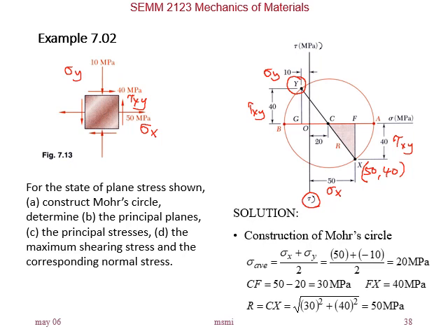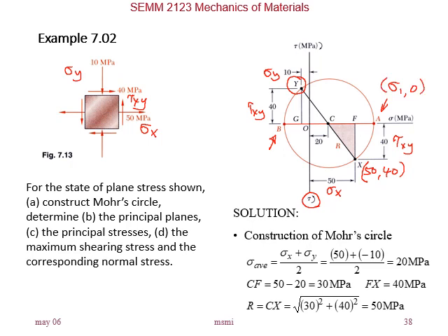Okay, so we have the circle now. And from the circle, we know maximum normal stress or principal stress is given by point A and point B. So point A will give you sigma 1 or sigma max, and 0. That's the coordinate.